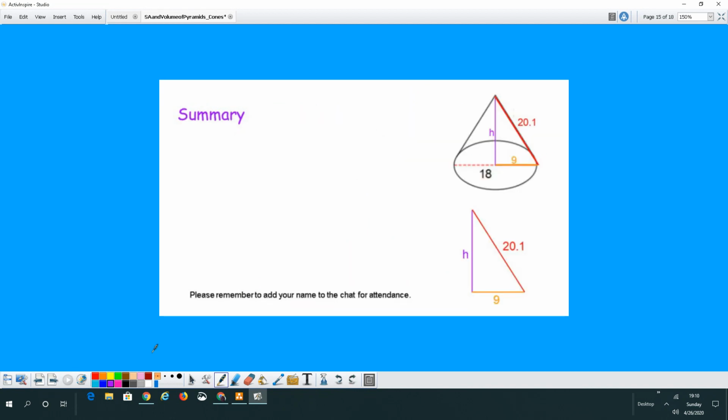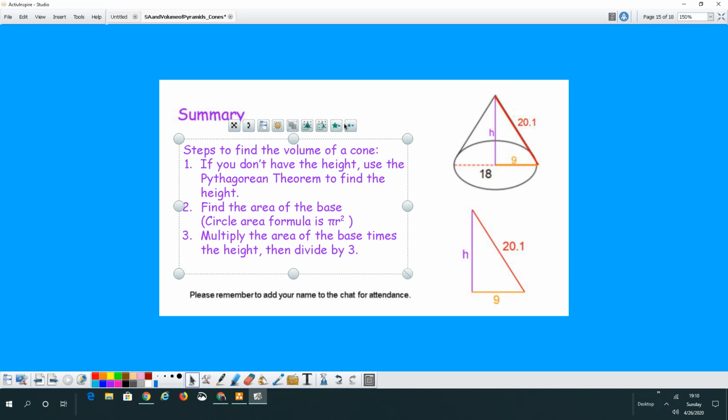Now, in summary, how do we find the volume for our cone? Okay, first things first. If we have to, we use the Pythagorean theorem to find the height. If they didn't give us the height, we've got to find it, and we can do that. So we use the Pythagorean theorem, we use our slant height, we use our radius, and we find the height of our figure.